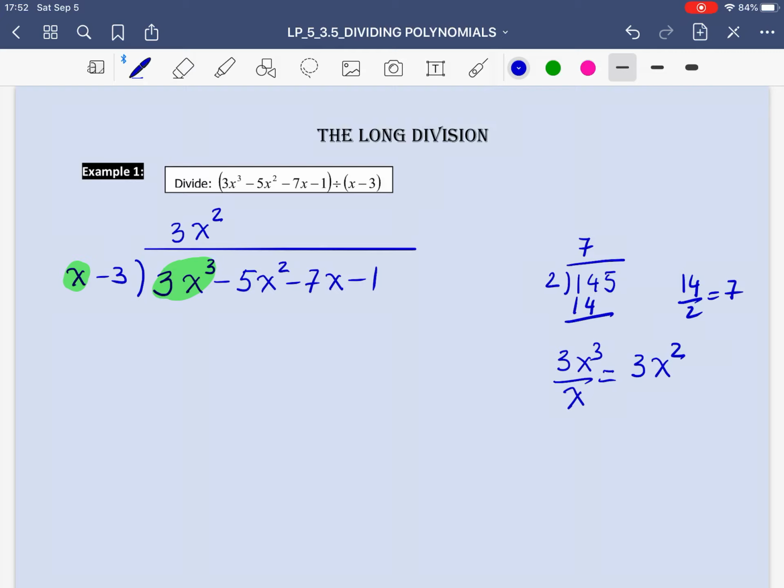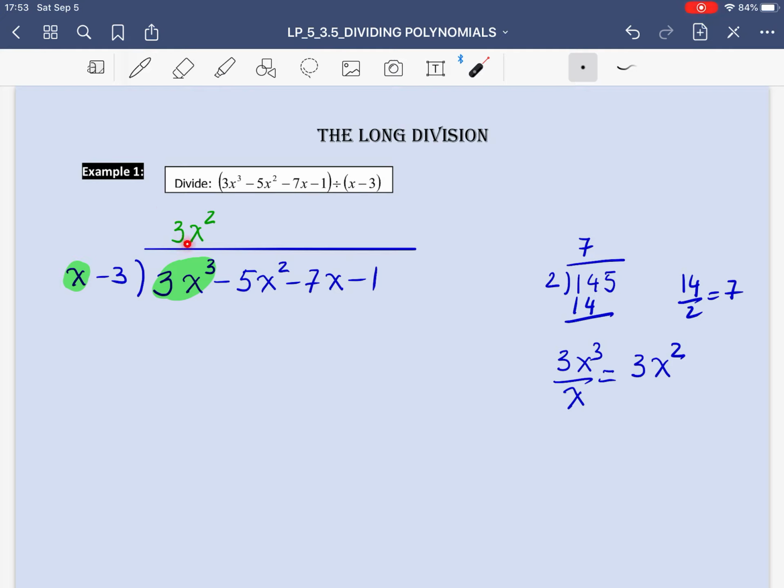So what we're going to do is, actually, I'm going to use a different color here. So what we are going to do now is multiply number 7 by 2, right? That's what we did, and write the answer here.